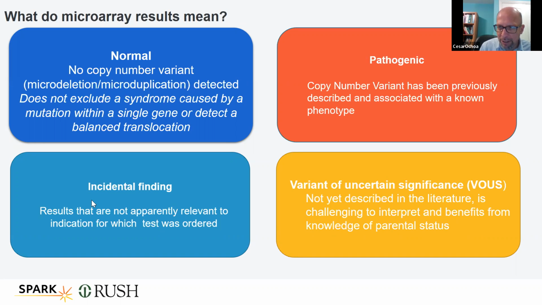If both parents don't have it, it makes it likely that this is a new variant, a de novo variant, and it's probably significant. But if parents have it, then it requires more analysis, and it becomes a little more complicated.